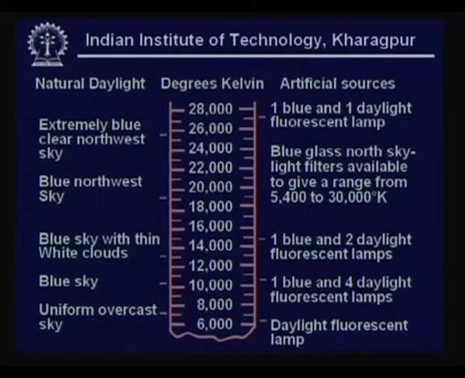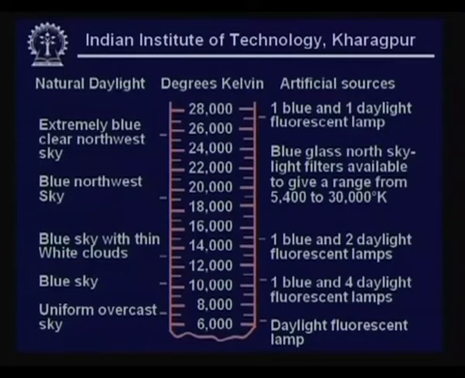Now, this picture shows three columns. In the center we have the temperature scale in terms of color temperature. On the left hand side it talks about the natural sources. On the right hand side we have artificial sources. We said artificial sources could use any of the physical processes such as incandescence, electroluminescence, fluorescence and phosphorescence.